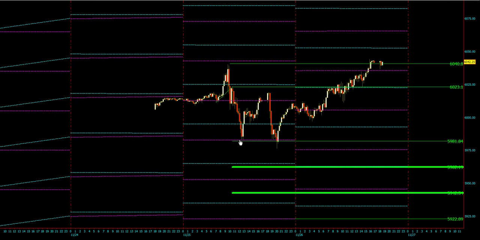Now you can see this is a frequency of 9, this is a frequency of 3, and this is a frequency of 6. Okay, anyway, the levels are here.